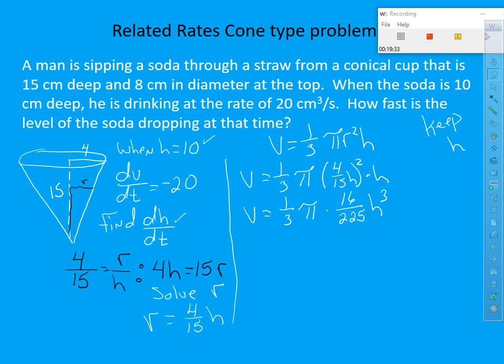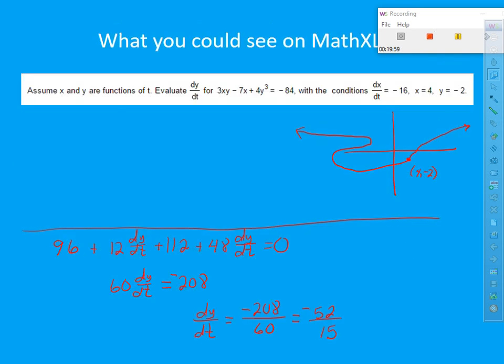Let's go find our derivative now. So I'm going to have dV/dt. Bring down my 3, cancels out that 1/3 again. So I've got 16 over 225 pi h squared dh/dt.